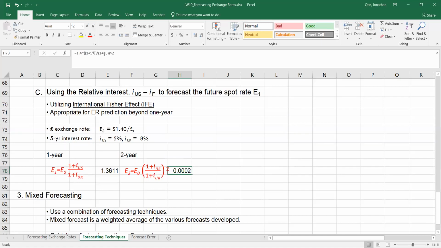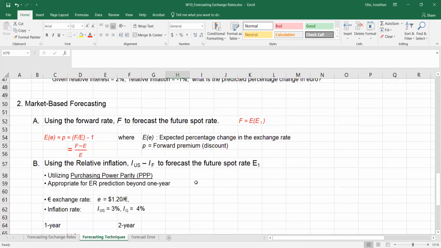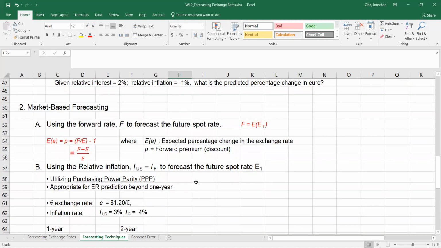Oh, 8%. Okay, 1.3233, right? Down to 1.33. Okay, that's how this is market-based forecasting.